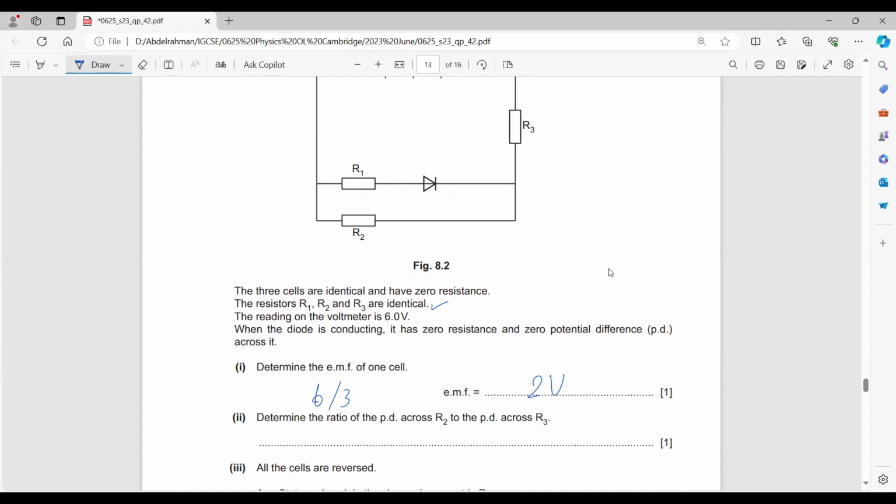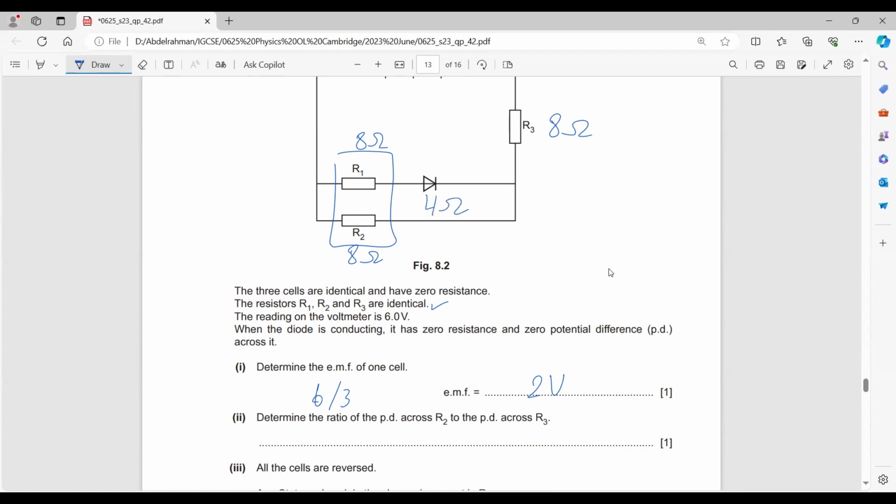Since R1 and R2 are in parallel, what happens to their total resistance? They both have the same resistance, so the total resistance is divided by 2. For example, if R3 had a resistance of 8 ohms, R1 also 8 ohms, and R2 8 ohms, then when R1 and R2 are in parallel their combined resistance is 4 ohms.